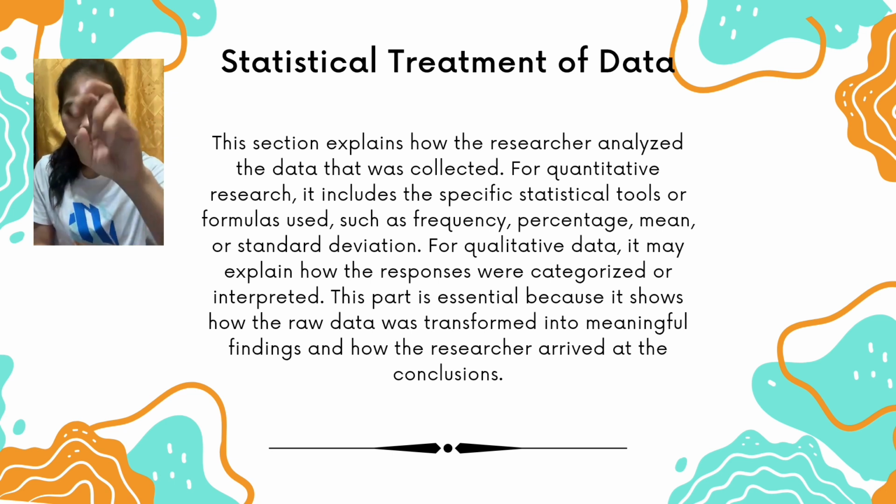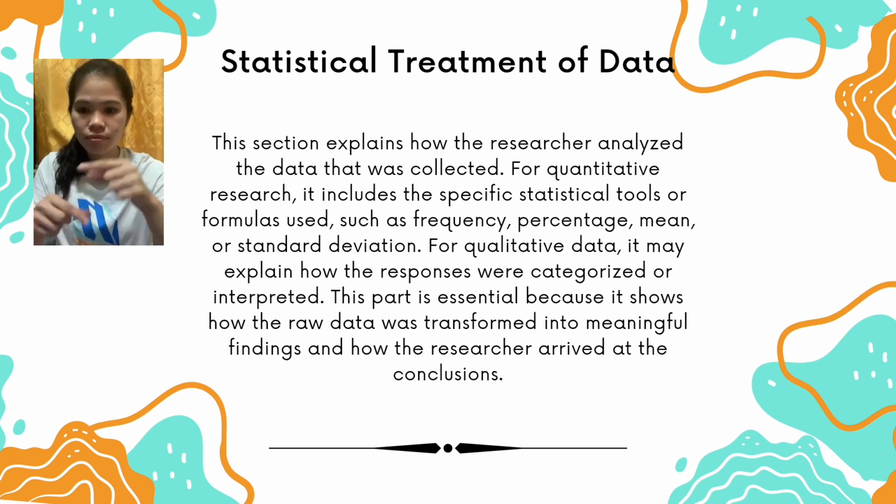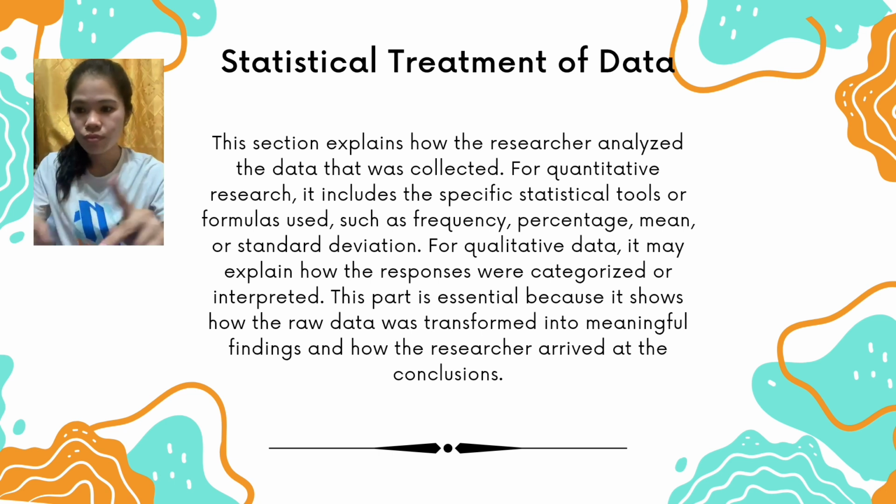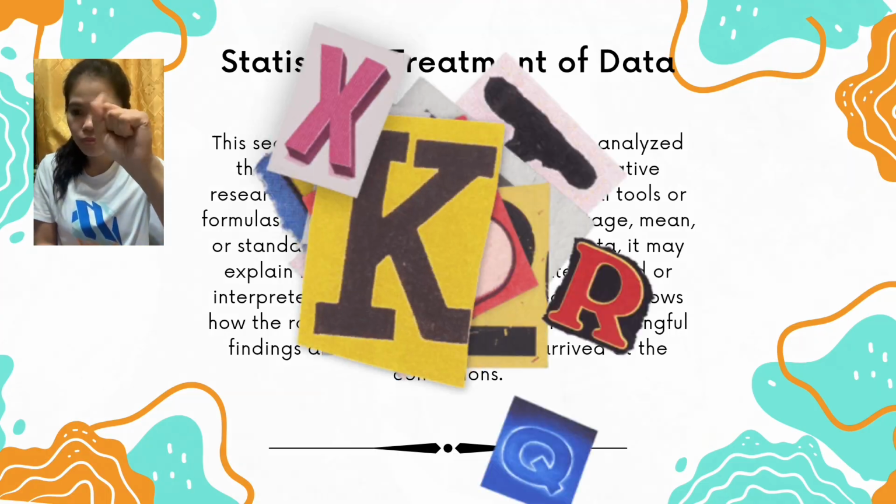For qualitative data, it may explain how the responses were categorized or interpreted. This part is essential because it shows how the raw data was transformed into meaningful findings and how the researcher arrived at the conclusion. This part of your Chapter 3 is once you get all the results, you will explain how you make the raw information into meaningful results.